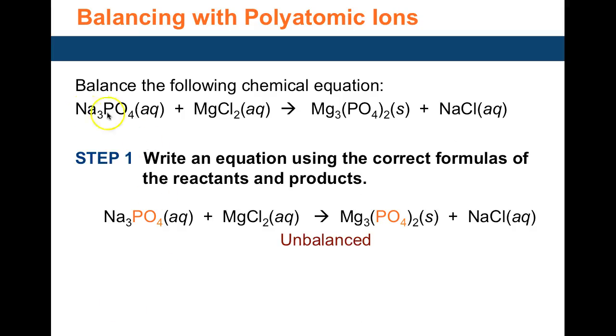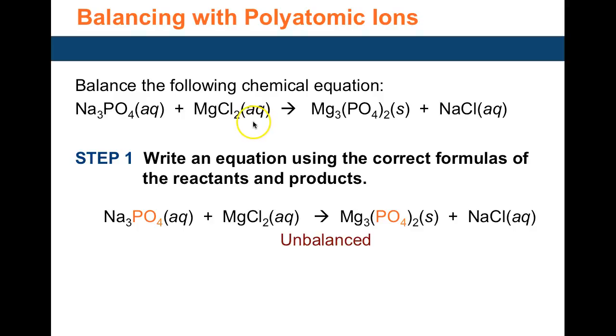So when you're balancing Na3PO4, sodium phosphate, aq means dissolved into water. It splits up completely into sodium and phosphate ions. And then MgCl2 aq also means that the magnesium and the chloride ions split apart completely in water.